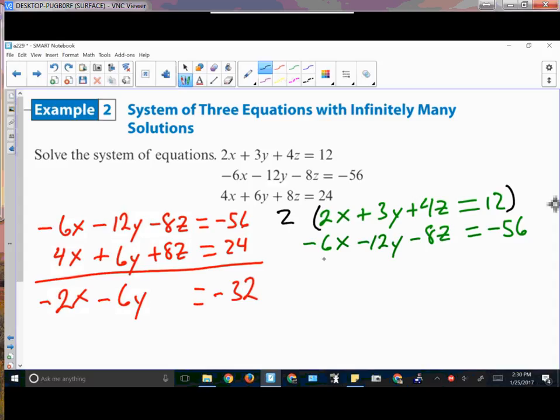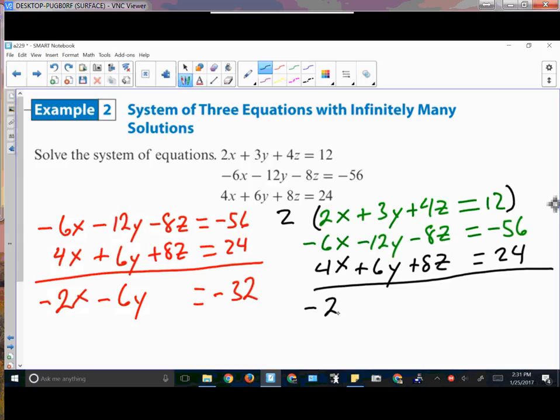So 2 times 2 gives me 4x over here plus 6y over here. That's going to give me plus 8z equal to 24. So far so good. Math looking good. So now I can combine these together. I end up with negative 2x minus 6y, that disappears, is equal to negative 32. Correct?